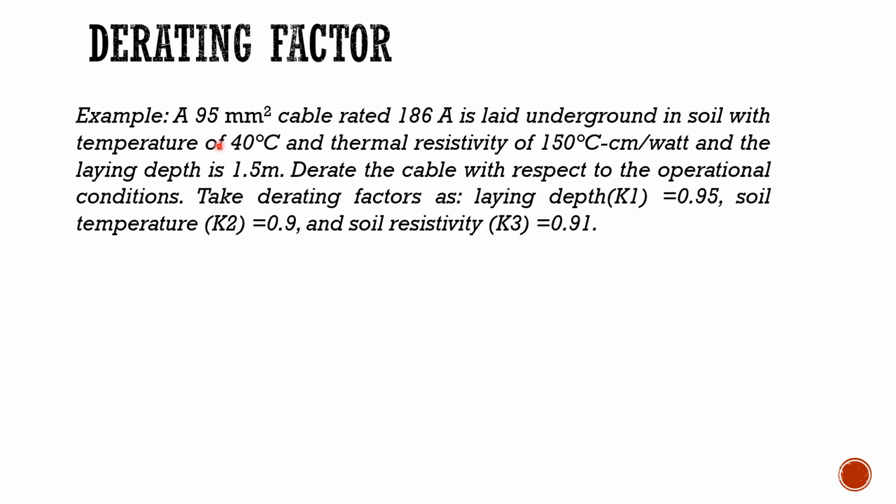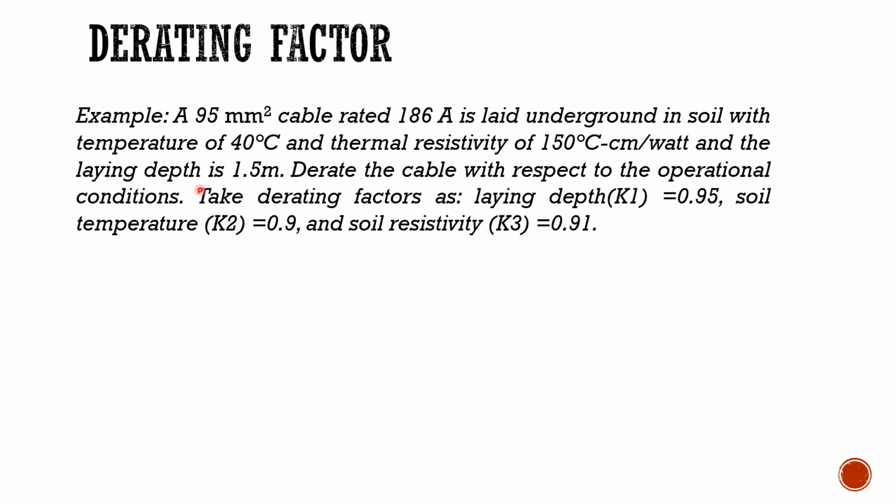Another example: a 96 mm square cable rated 186 amperes is laid underground in soil with a temperature of 40 degrees Celsius, and the thermal resistivity is 150 degrees Celsius centimeter per watt. That is the unit for thermal resistivity.